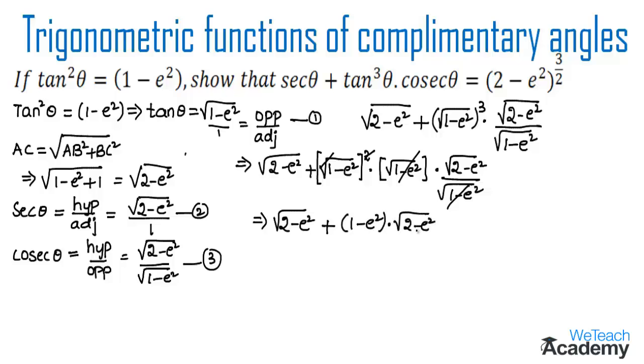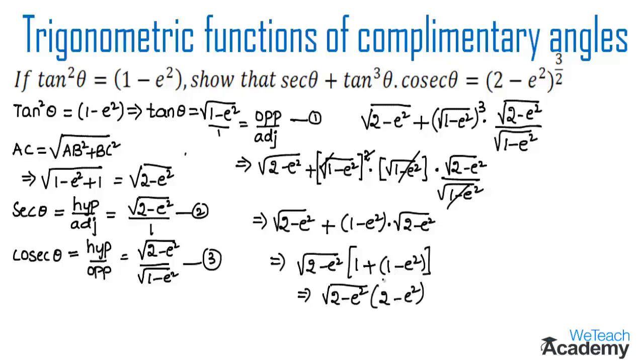So now let us write under root 2 minus E square as a common factor. So here we get under root 2 minus E square into 1 plus 1 minus E square. So that implies we get under root 2 minus E square into 2 minus E square.